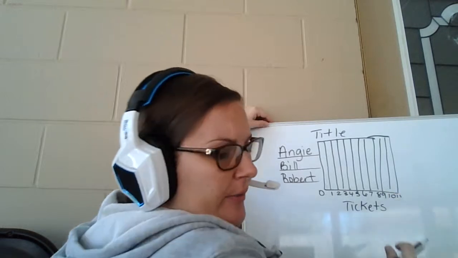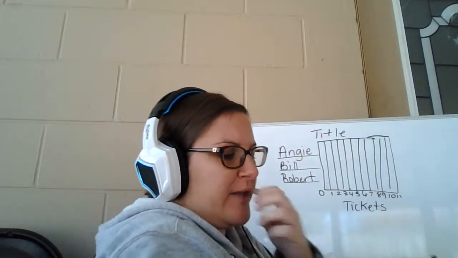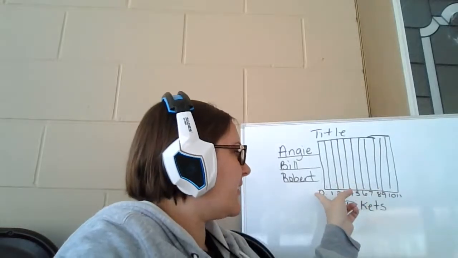You're going to keep going. I think my lines are a little closer together, but how many lines should you have? Not 8, because you should start with 0. You should have 9, because this is 0. The last one should be 9.